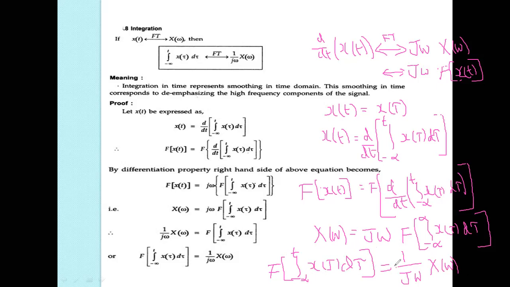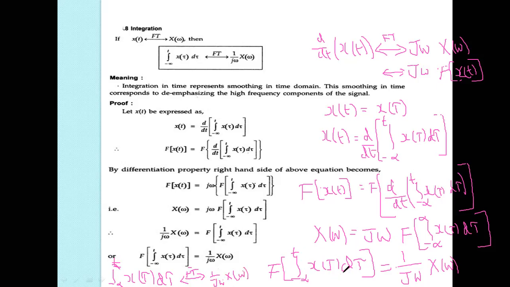It is a Fourier transformation equal to. But they are asking for a Fourier transformation pair, so remove the Fourier transformation here. You can write the integral from minus infinity to t, not infinity, it is t, my dear students, of x of tau d tau is a Fourier transformation pair with 1 by j omega into X of omega.